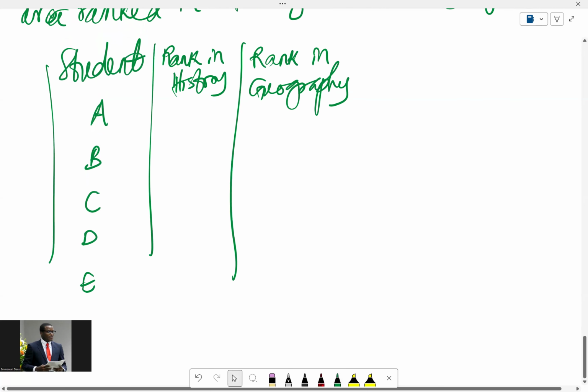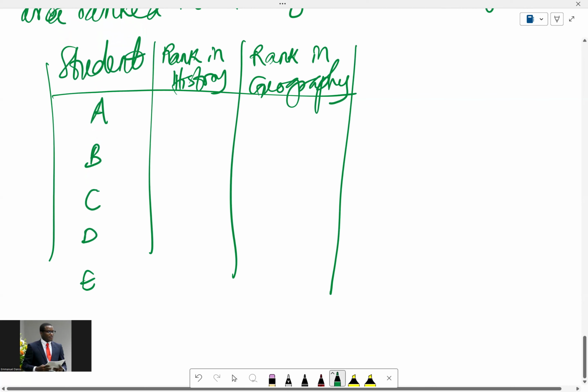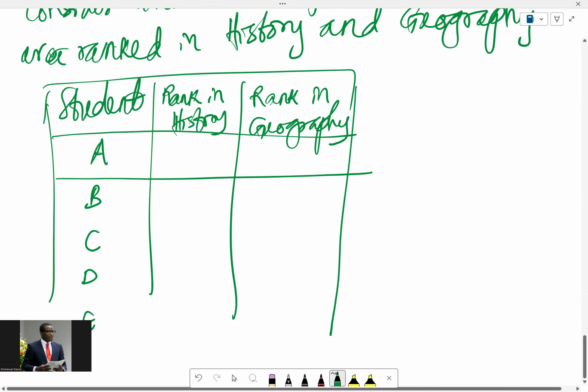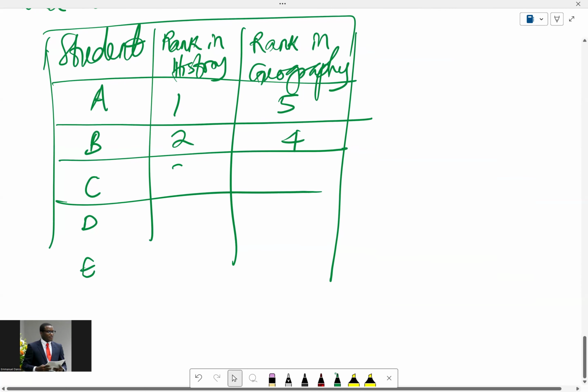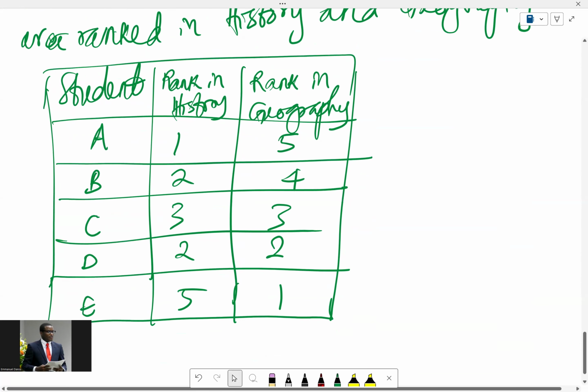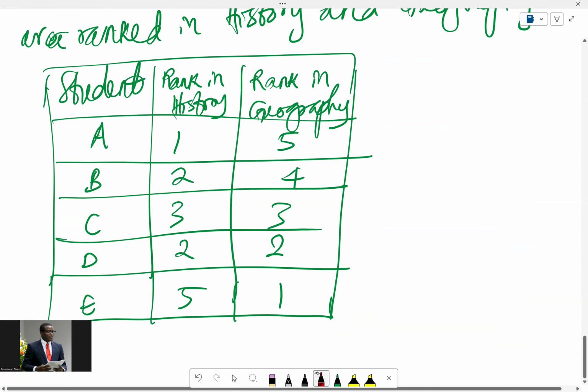Normally this is your original data. So this is 1, 5. This is 2, 4. This is 3, 3. This is 4, 2. And this is 5, 1. Of course, it's obvious even from the data, but things won't always be this obvious, so you still have to do the work.